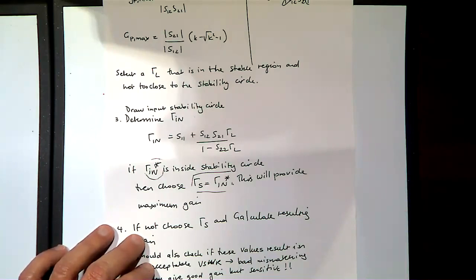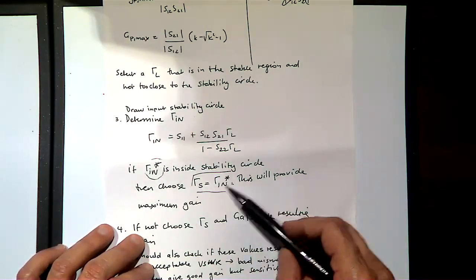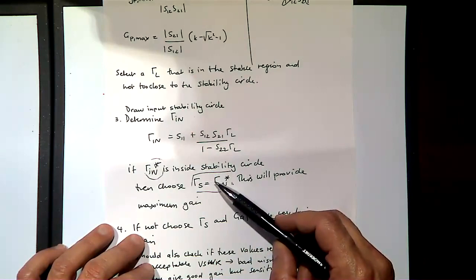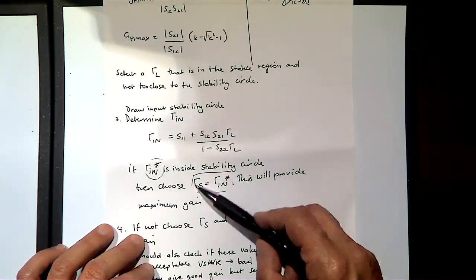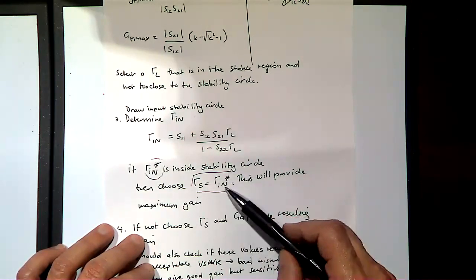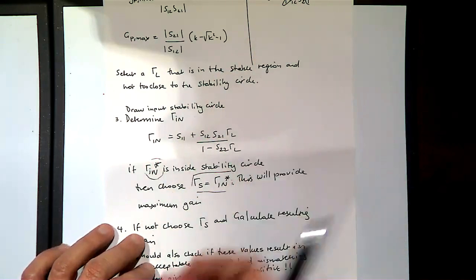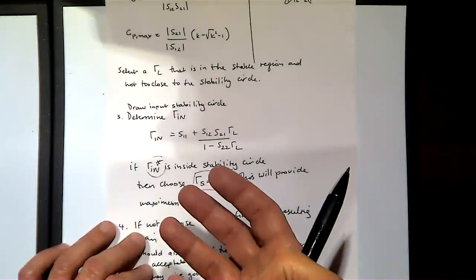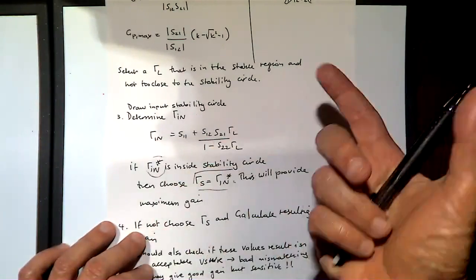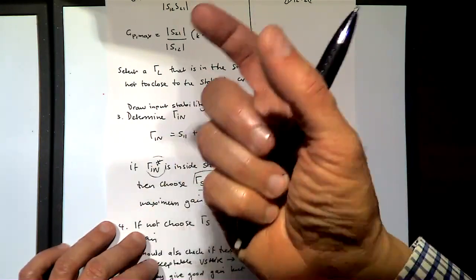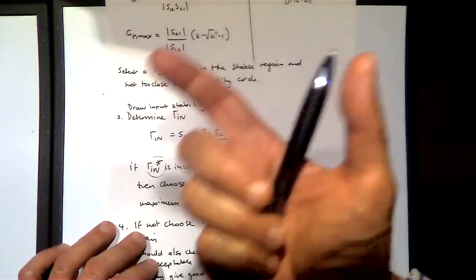So what I'm going to do is ignore this complex conjugate matching for maximum gain, and choose it some other way. That's your prerogative. You're not constrained to do that. You can choose it so that it still gives you something desirable.